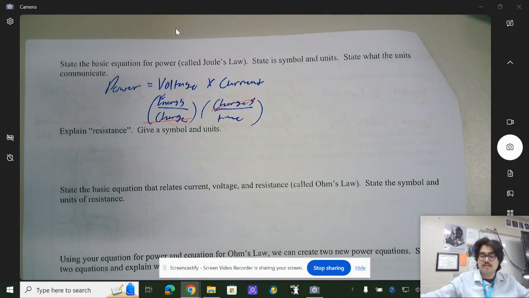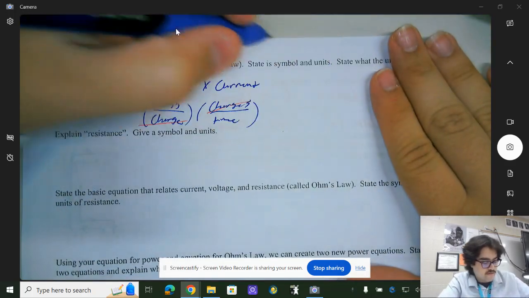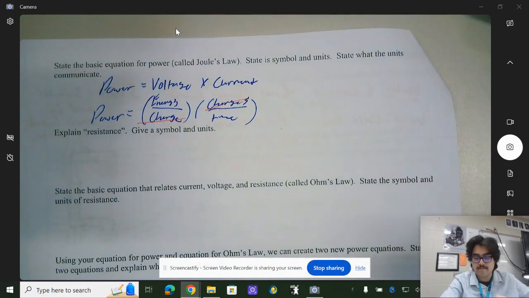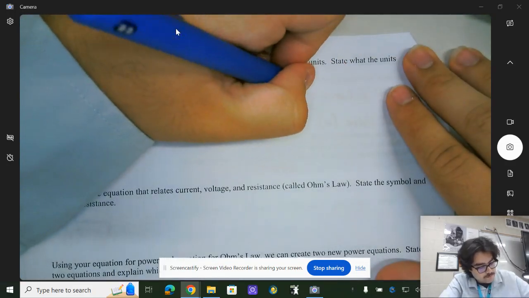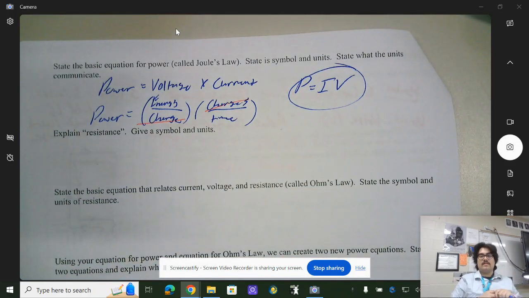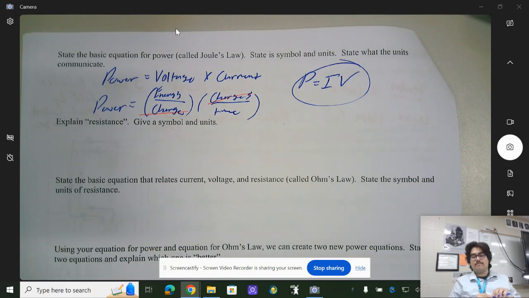You get energy per time, which is more close to our physics 1 definition. The general form for it is P equals IV. You're going to see that a lot. It's very important to know that one.